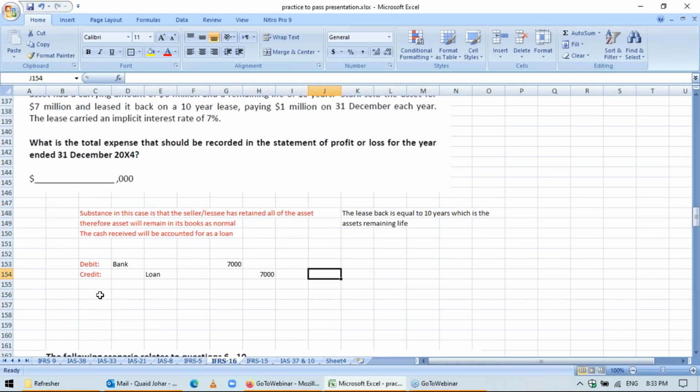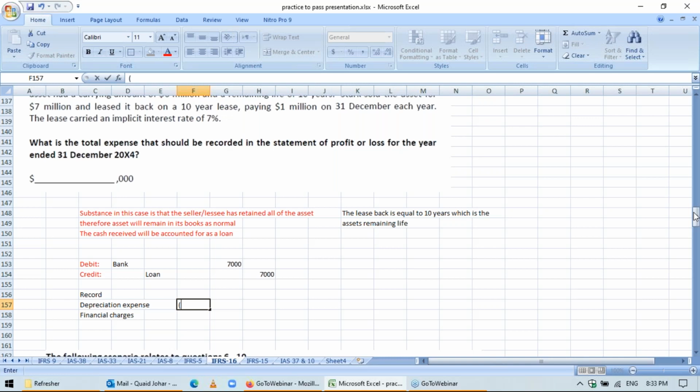And the next entry will be what happens. We will record depreciation expense on the asset, and we will record the financial charges. So the depreciation expense that will be recognized on this asset will be on the book value of the asset. So the book value of the asset is 6 million according to the question. So it will be recognized on 6 million divided by 10 years.